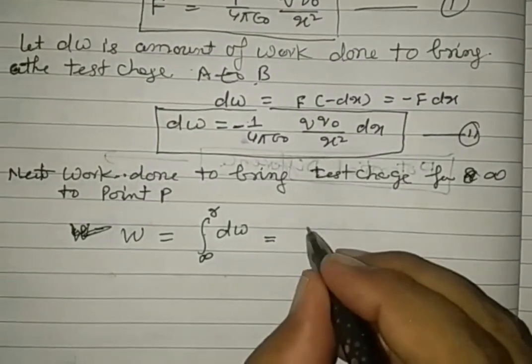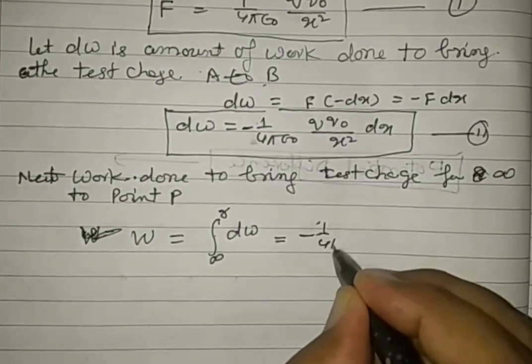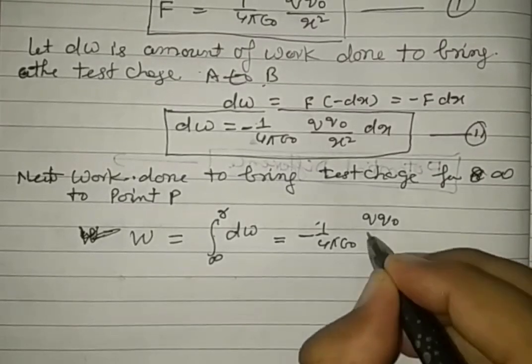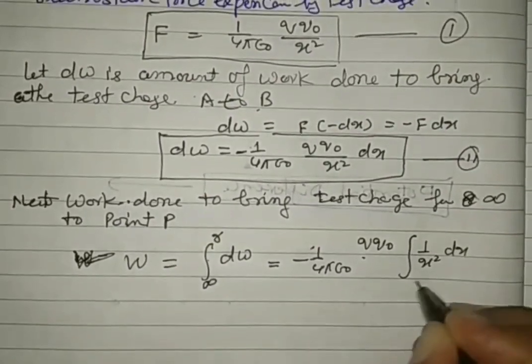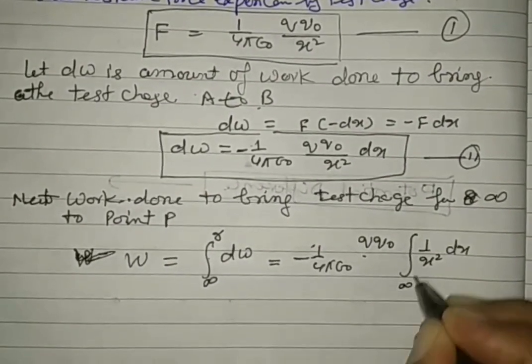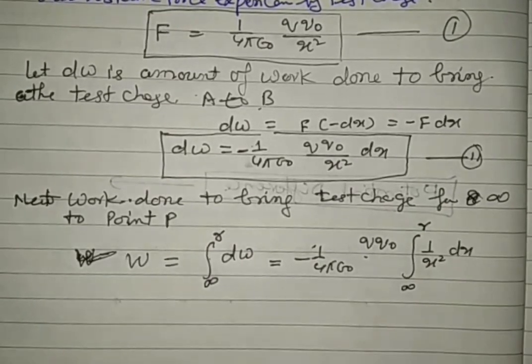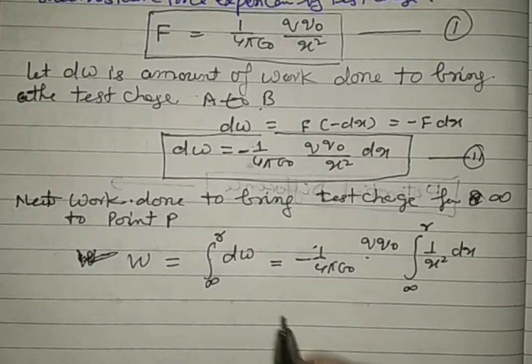Now see, on the right hand side of equation 2, first of all keep the constant out. It is 1 by x square dx, from infinity to r. See carefully the whole of the business here, right? Now see how it can be calculated.